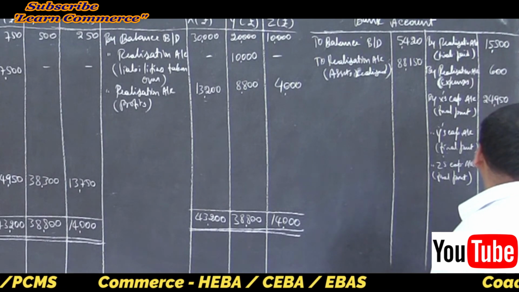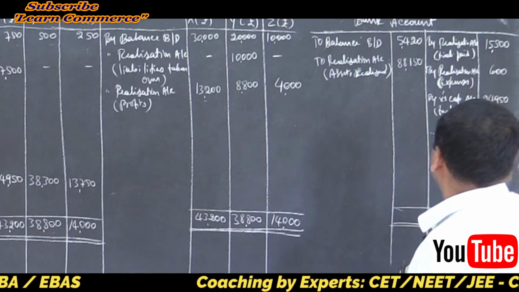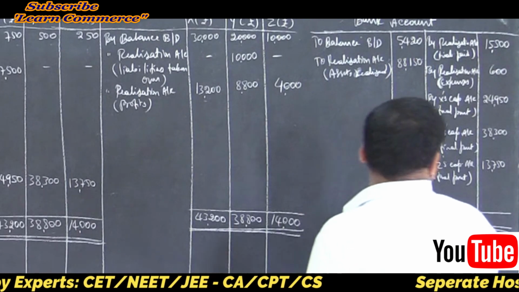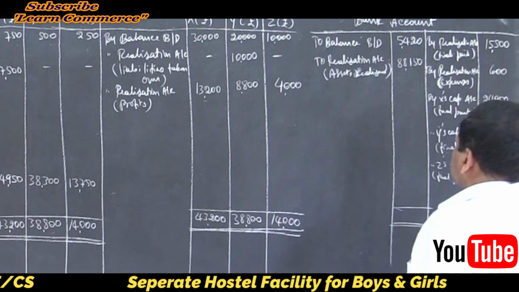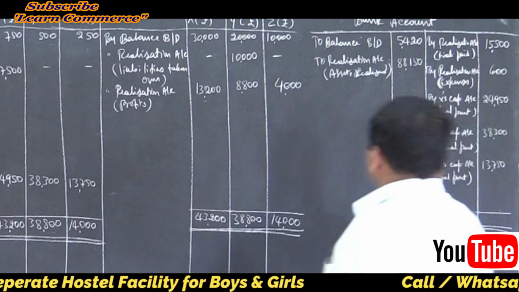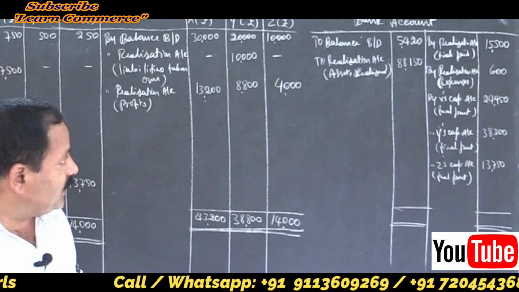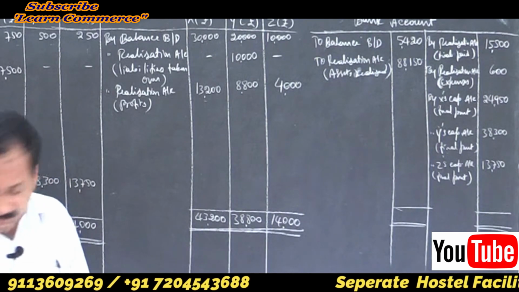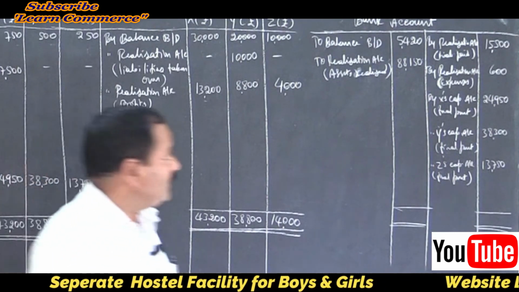See whether it agrees or not. I doubt it will agree. Yes, 5,420 plus 88,150, the total was 93,670, right?